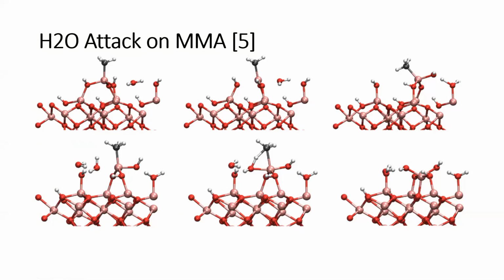Dr. Weckman found in his DFT calculations that we first had to attack the MMA with a single water molecule. This opens it up to attack from the opposite side from another water molecule. This is what removes the MMA ligand. And we're just left with, again, a hydroxylated surface here.